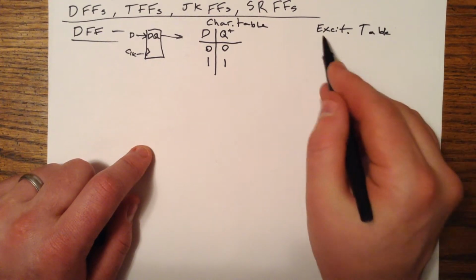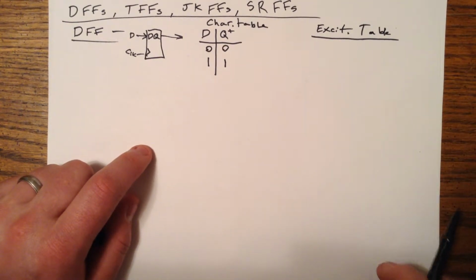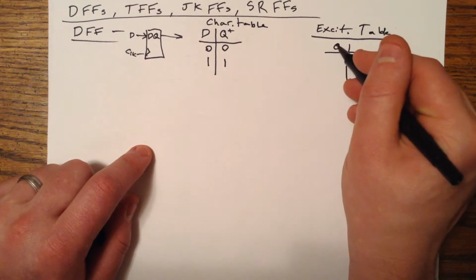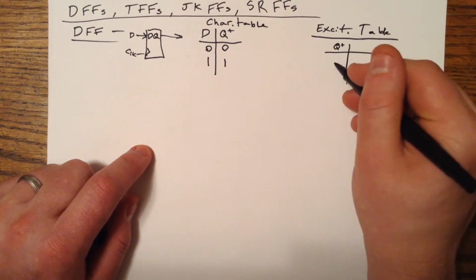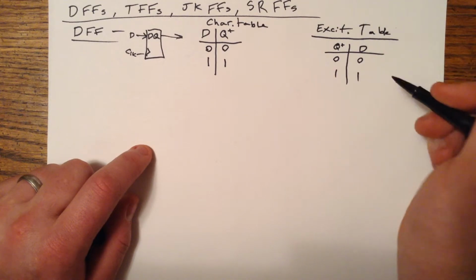So, the excitation table, that's given the outputs, what is the input? So, this one's pretty easy. All we do is we go, alright, if we know that Q plus is equal to 0 and 1, then we know the D had to have been 0 and 1, right?